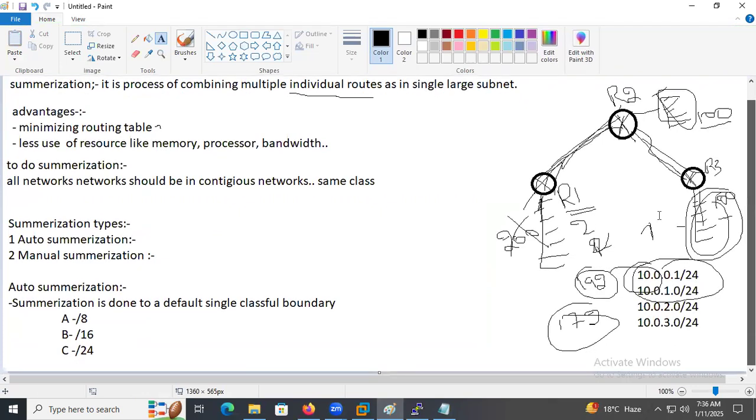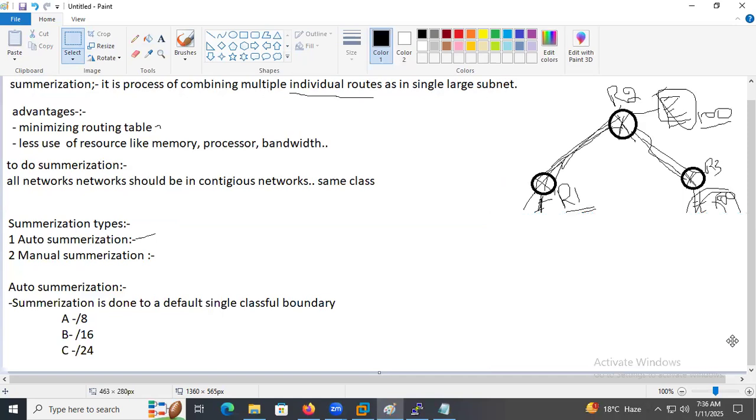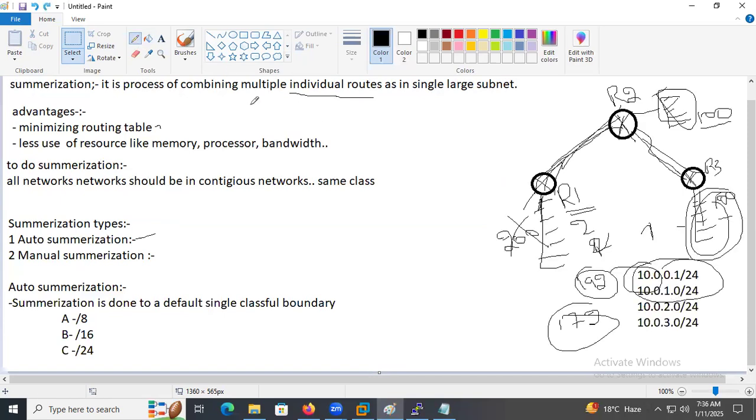When you say auto summarization, the routers by default do it automatically to their classful network. Take for example 10.0.0.0. There are some disadvantages in auto summary, and auto summarization is done to the default classful boundary of the network.